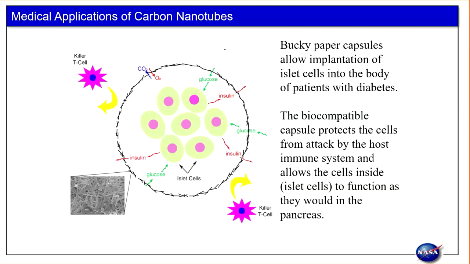But at the same time, the pores allow the free movement of carbon dioxide and oxygen across the capsule wall to keep the islet cells inside happy and healthy, and keep them at the physiological temperature where they need to be in order to function in the normal physiologic way. So this system allows the islet cells inside to function as they would in the pancreas.